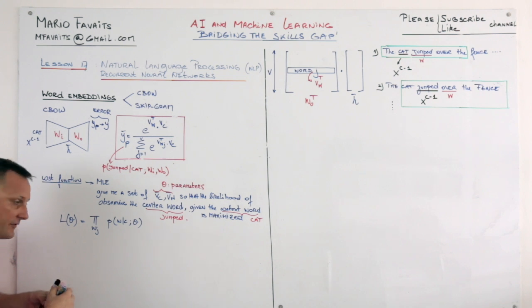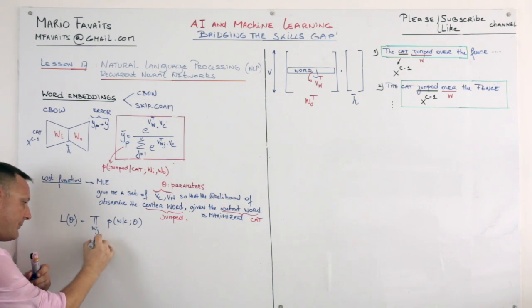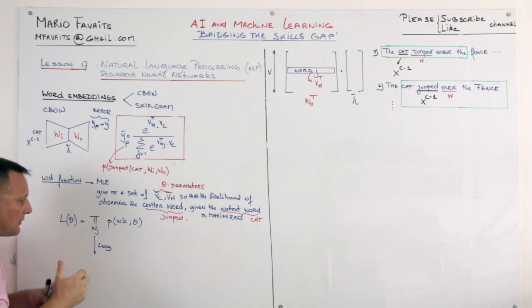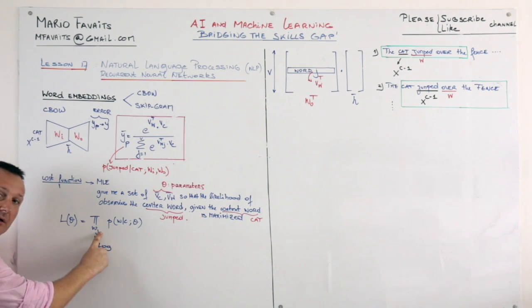So this is the objective function. We want to maximize the likelihood, but the first thing we're going to do is remember we don't like to work with products; we prefer sums.